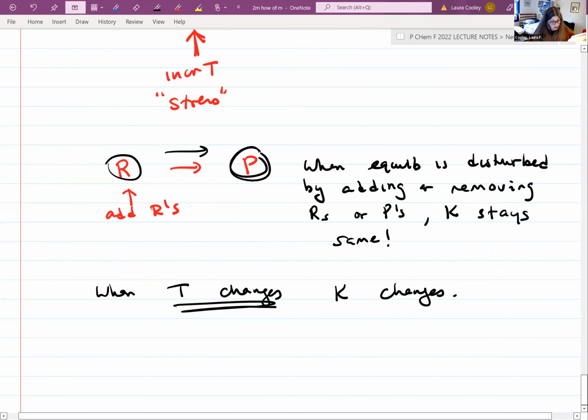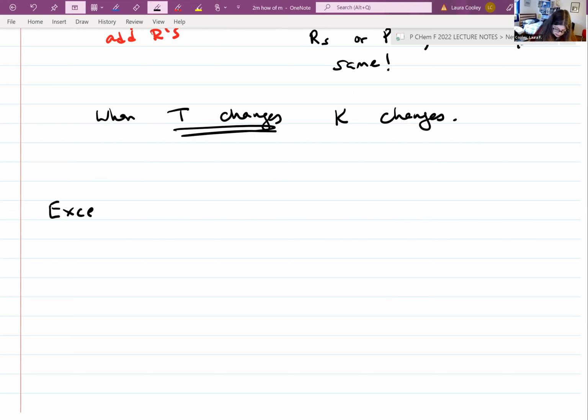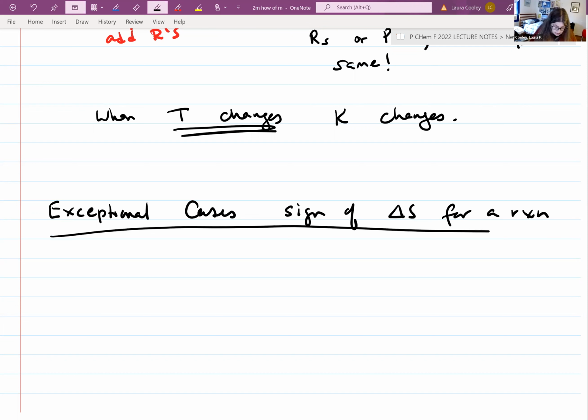Okay, there was one more thing I wanted to go over a little bit. I talked about the meaning and the signs of delta H, delta G, delta S. There are some what I would call exceptional cases involving the sign of delta S for a reaction. One of them, we have a lab where we have micelle formation.